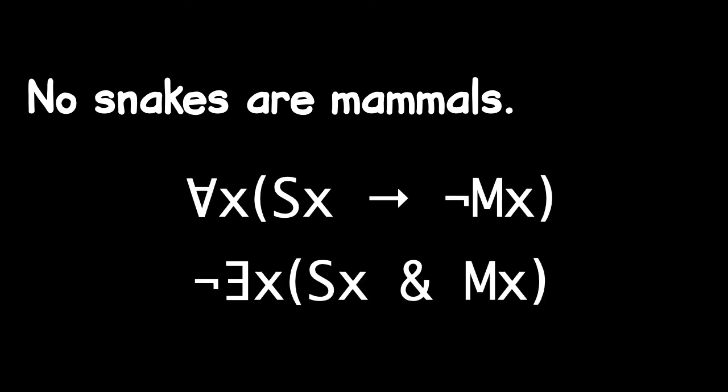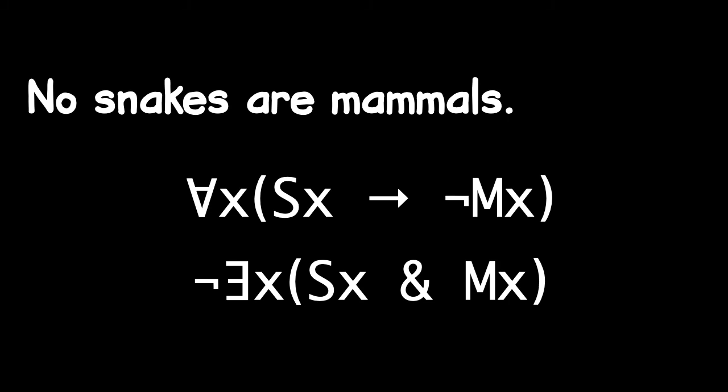Now consider the sentence, no snakes are mammals. Again, there are two ways to think about it. If you think about it using a universal quantifier, it's saying for every animal, if it's a snake, then it's not a mammal. For all X, SX, arrow, not MX.